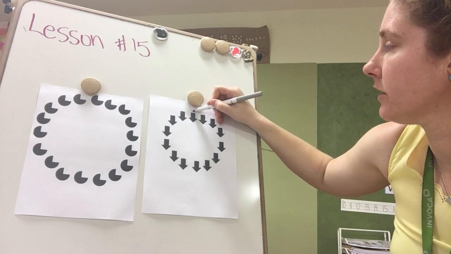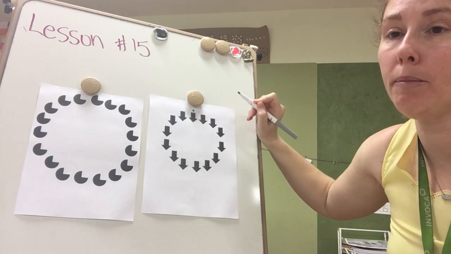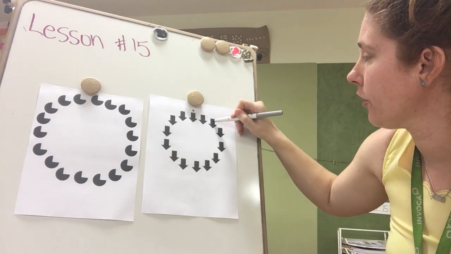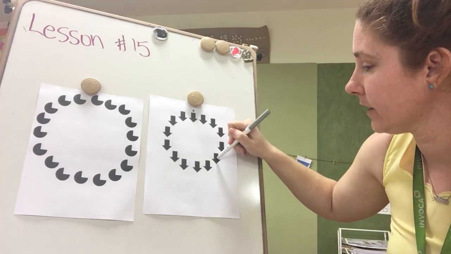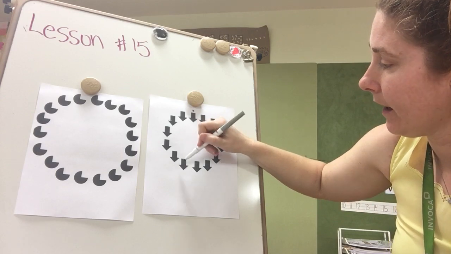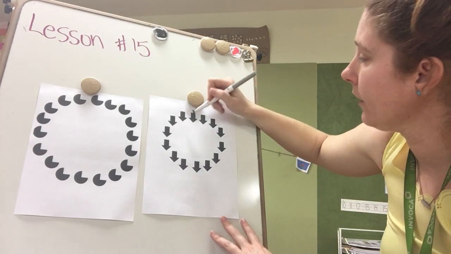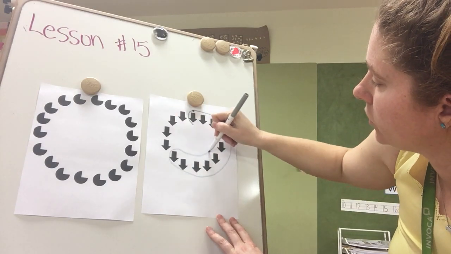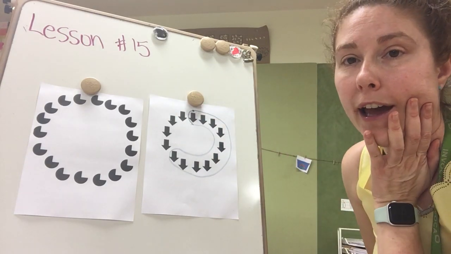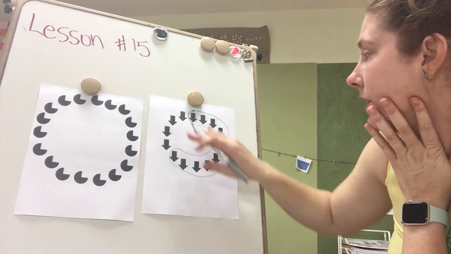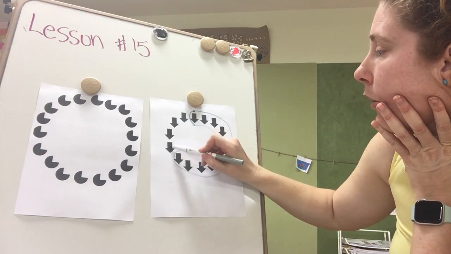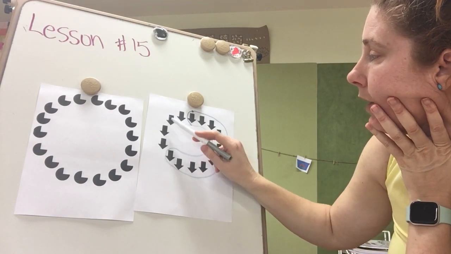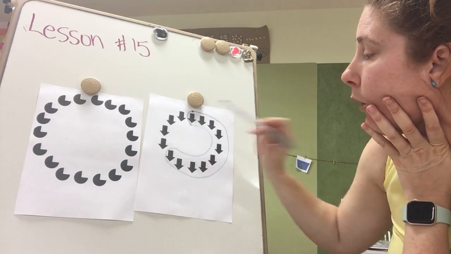I'm going to start counting at this arrow on the top. 1, 2, 3, 4, 5, 6, 7, 8, 9, 10. Yesterday I showed you how we could make a circle around those 10. It helps us keep track of our counting, so we know this is 10, and then we have 1, 2, 3, 4. So 10, 11, 12, 13, 14, or 10 and 4.